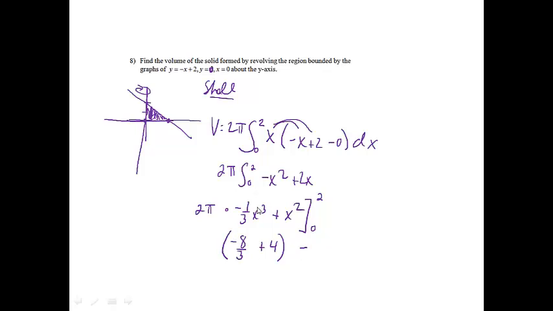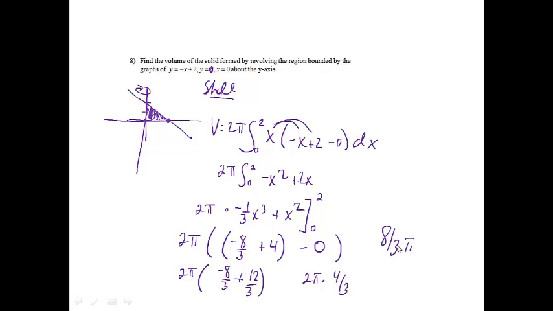And then minus, if I plug 0 into both of those parts, I'm going to get 0. Please keep in mind this whole thing still needs to be multiplied by 2 pi, so I'm going to get 2 pi. I'm going to get a common denominator, which will be negative 8/3 plus 12/3. So that will give me 2 pi times 4/3. So that final answer will be 8/3 pi as my volume.